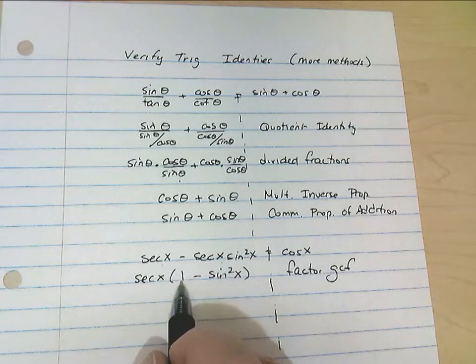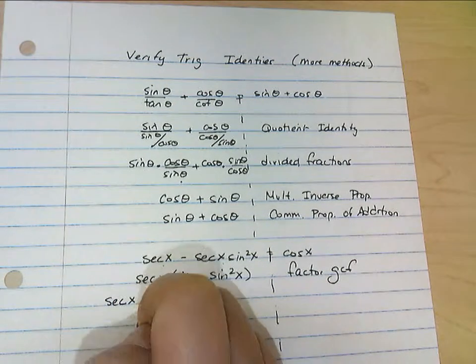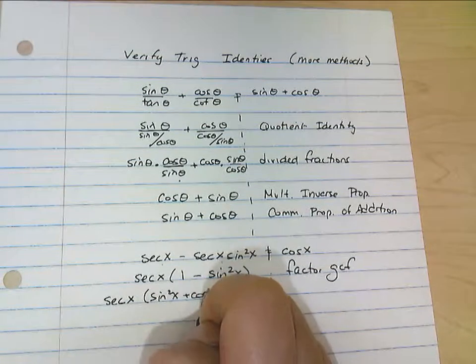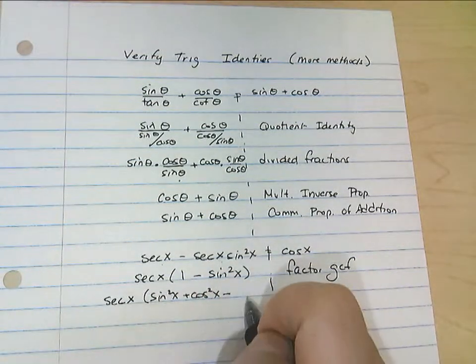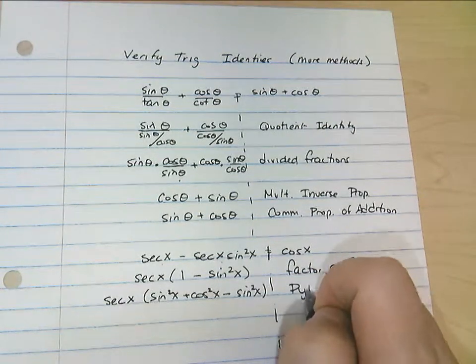Then I can replace 1 with sine squared plus cosine squared using a Pythagorean identity. So I'd have secant x times sine squared x plus cosine squared x minus sine squared x. And I use the Pythagorean identity.